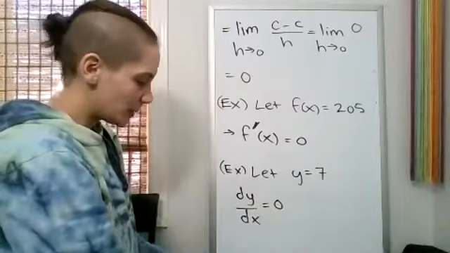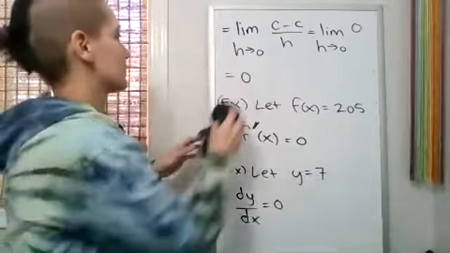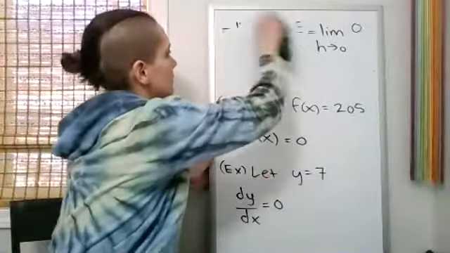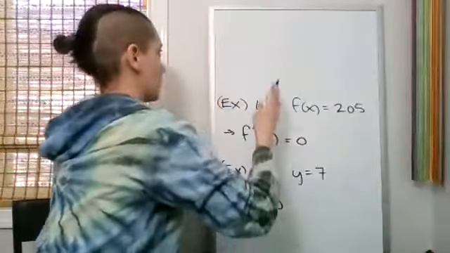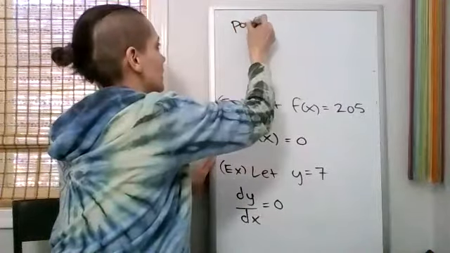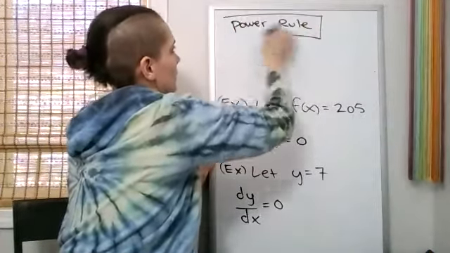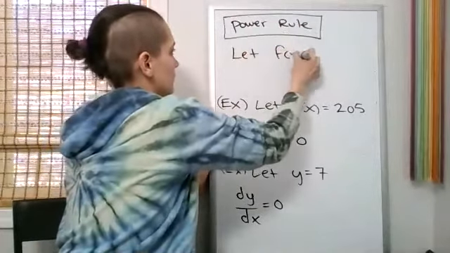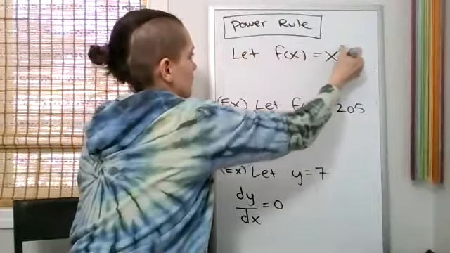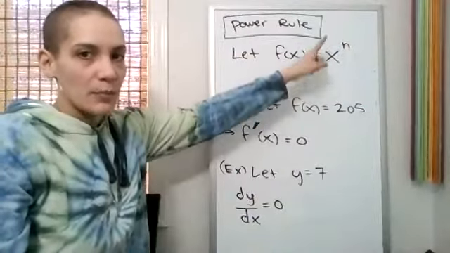So the power rule up here. f of x is equal to x to some power n.